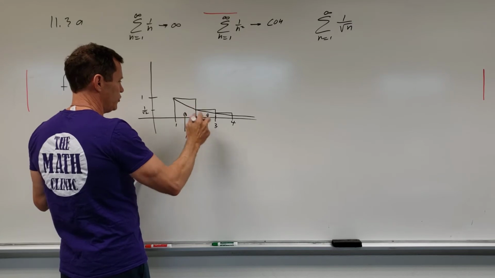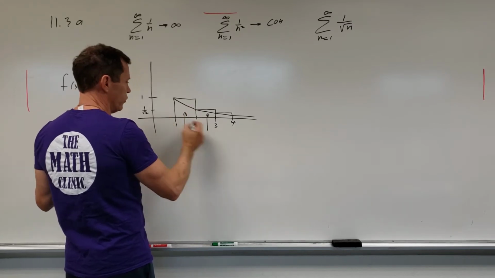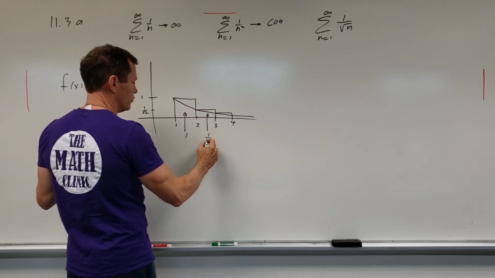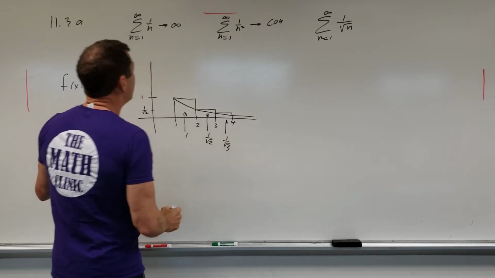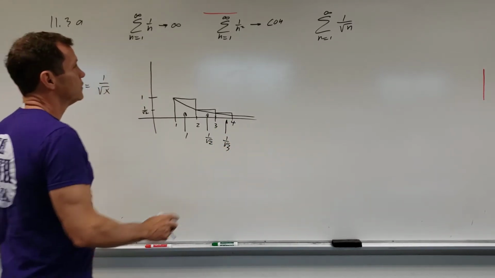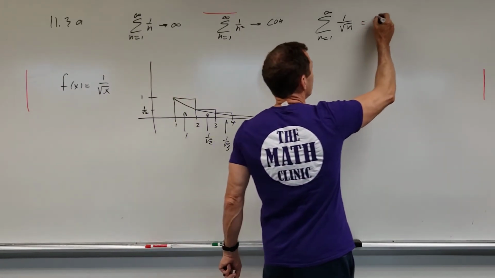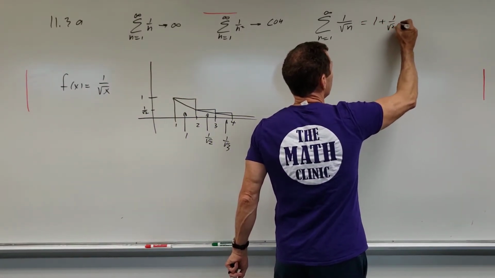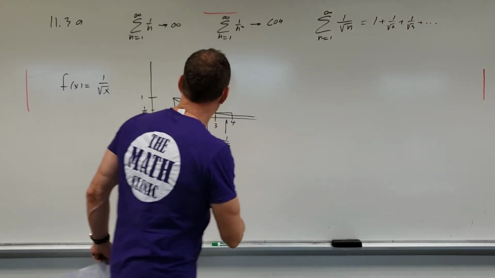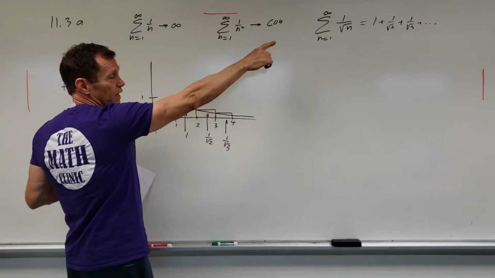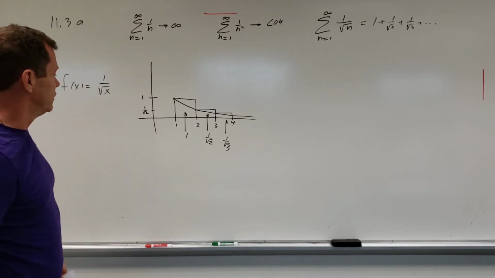It's 1 over square root of 2 high, times 1 wide, so it's going to be 1 over square root of 2. The area of that box will be 1 over square root of 3. Well, what's this sum equal to? This is going to be 1 plus 1 over square root of 2 plus 1 over square root of 3 plus dot, dot, dot. So if I add up all these boxes, they're exactly equal to that series.